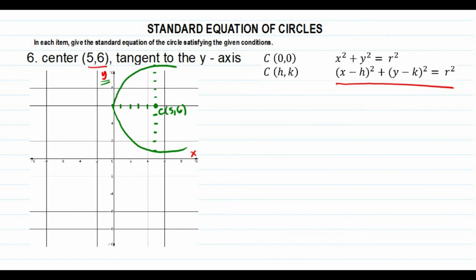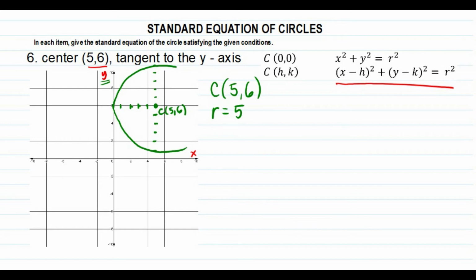Yan. Yan yung magiging rough estimate ng ating circle. It touches the y-axis at one point on the circle. And anong radius niya ngayon? Since the center is at 5, 6, it touches one point ng y-axis. So, 1, 2, 3, 4, 5. The radius is at 5.